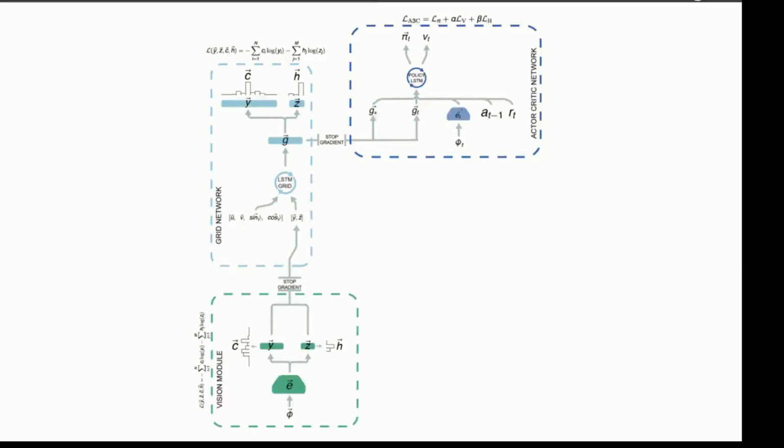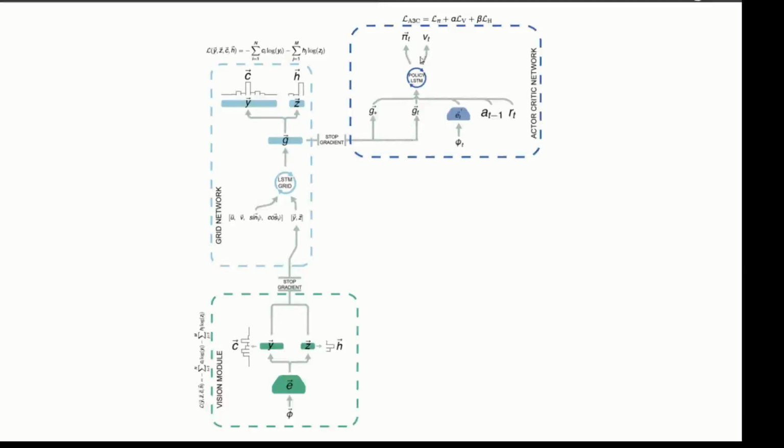I know it's a little confusing. So together with that, it's going to get the previous action and the reward for that step, and also the embedding of a CNN, a convolutional neural network, which is given as input the image that the agent is seeing at this particular moment.